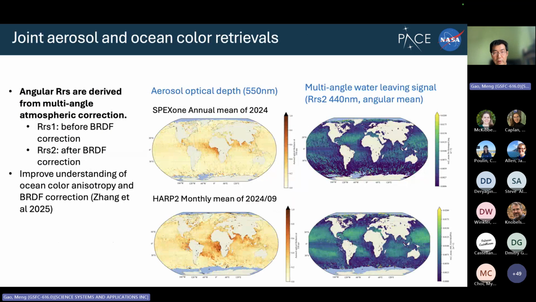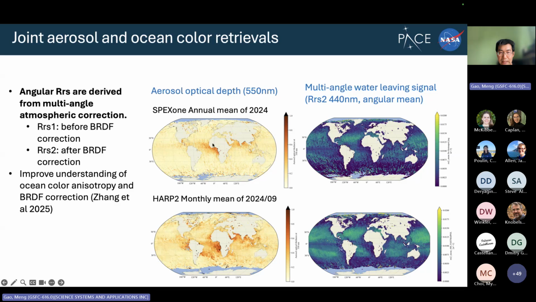Another thing we have been focusing on is how, while we improve aerosol properties, we also want to have some understanding or improvement of the water leaving signals from the ocean. Because HARP2 and SPEXone both have multi-angle capability, we are very interested in developing multi-angle water leaving signals. Based on the aerosol retrievals, we can derive the path radiance in the atmosphere and ocean surface, and then we can do the so-called atmospheric correction for all the angles from HARP2 and SPEXone.